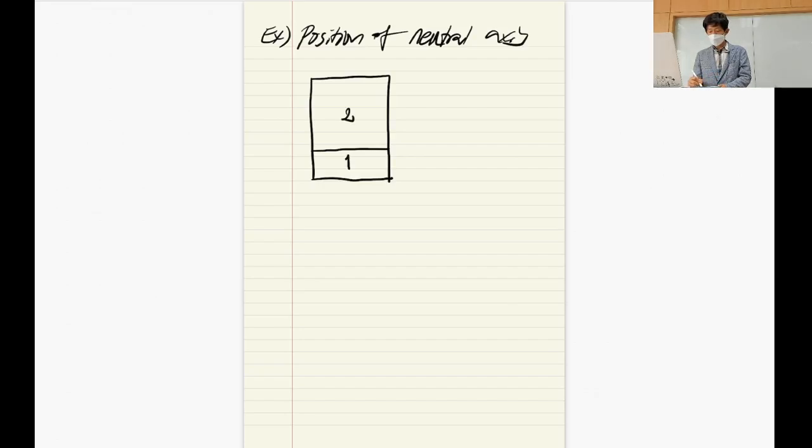Obviously material 1 is characterized by E1 and this is characterized by E2. This width is given by B, and then the first part, let's say H1, and the second part H2. This is a simple description.